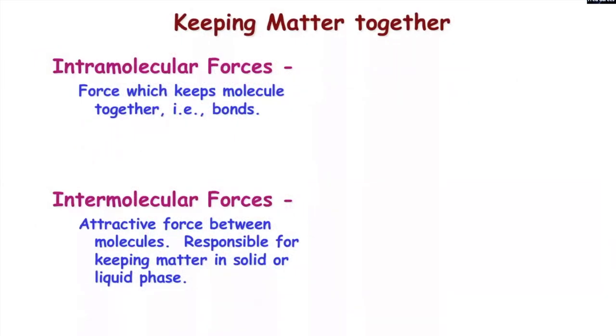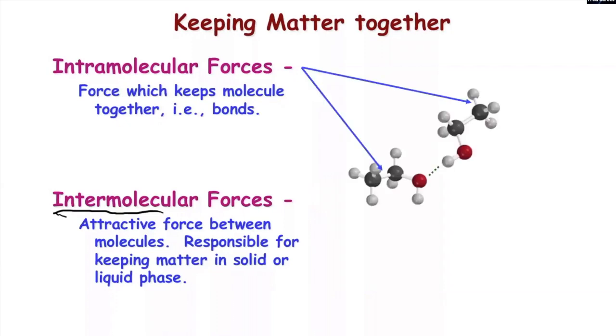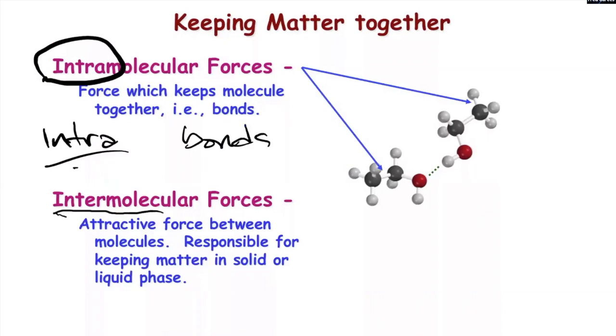So as I was saying, the intermolecular force is the glue that holds one chemical to another. But you have to make sure you distinguish that from intra. Intra are the bonds that hold one atom to another.